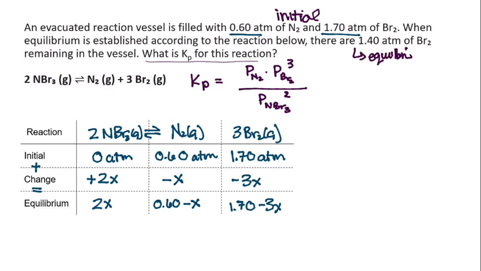In another type of problem, I might substitute these values into the expression for Kp and use Kp to solve for x. In this problem, I don't have Kp, so there must be another way to solve for x. Some information I haven't used yet is that I have 1.4 atmospheres of Br2 at equilibrium.